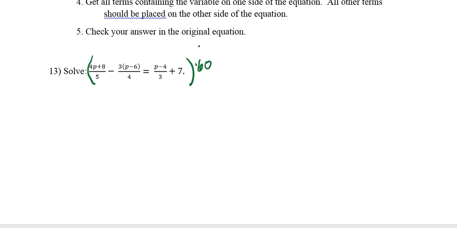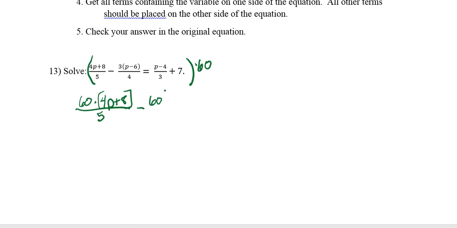Now, here's how I'm going to write it so it doesn't get confusing, because on the top I have binomials, I have a distributive property, so we've got lots going on. So what I'm going to do is 60 times (4p plus 8) over 5. I'm keeping this separate, and I'll show you why in a second.